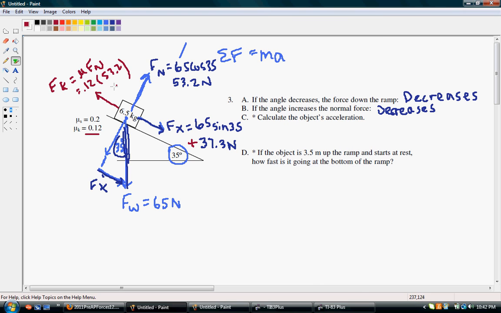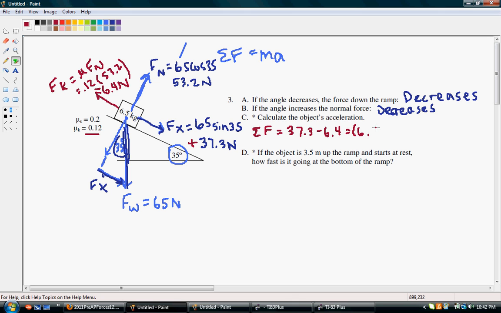So we have 6.4 newtons of frictional force opposing this on the other end. Now, since this is to the left, it's technically negative. So when we go to plug in the sum of our forces, we get 37.3 minus the 6.4, and that all equals mass times acceleration.